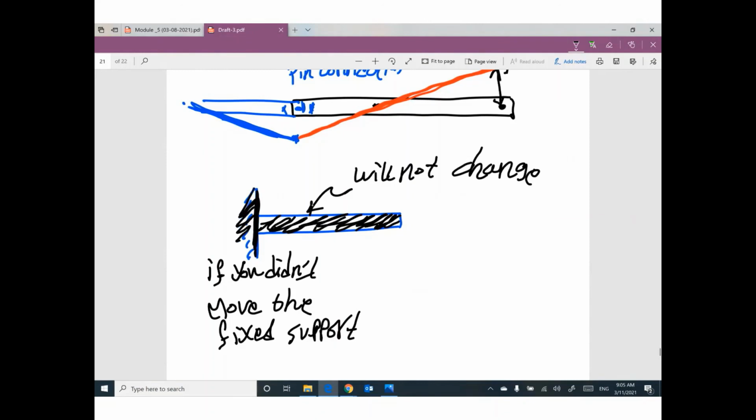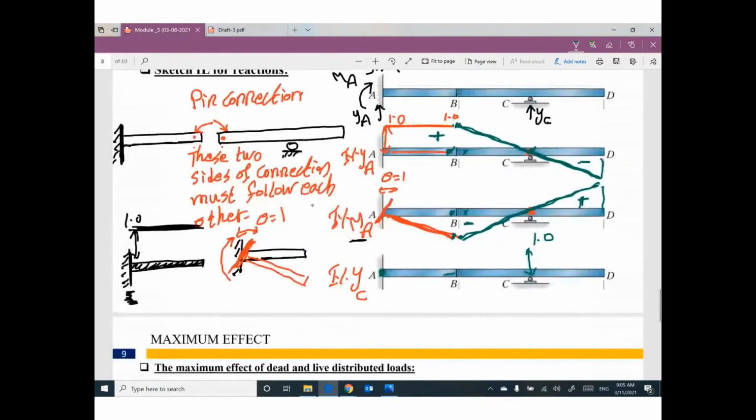If this fixed did not move, this part of the beam will not move. So this part will remain as it is. This side did not move, this point moved up, and the new shape of this part of the beam will look like this.